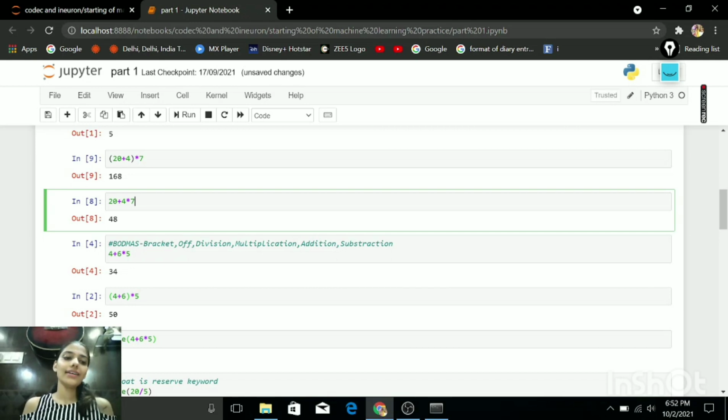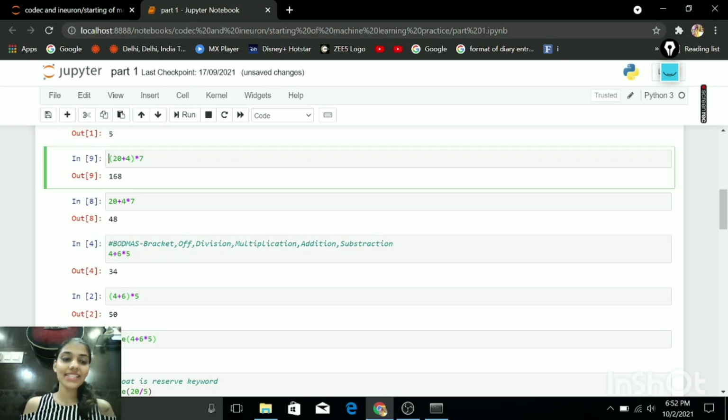The reason behind this is 20 plus 4 is in brackets, so we solve 20 plus 4 first, then multiplication. 20 plus 4 is 24 multiplied by 7, it's 168.